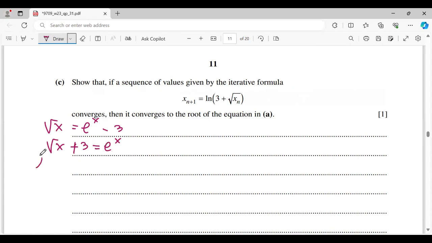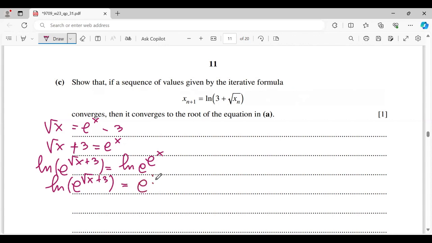So if we take ln, ln of e power square root x plus 3 equals ln e power x. So ln of e power square root x plus 3 equals e power x.